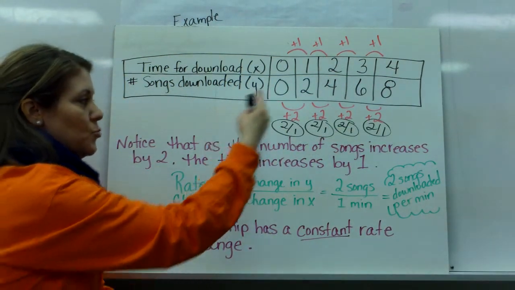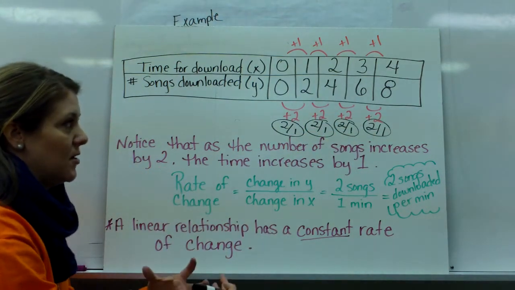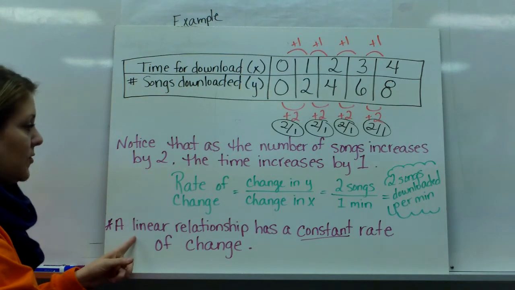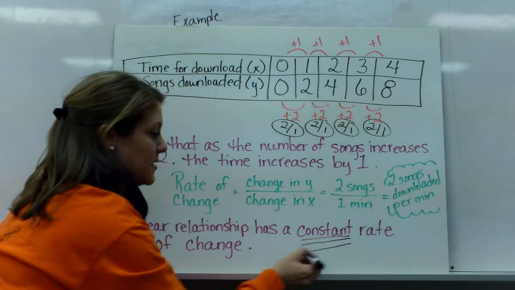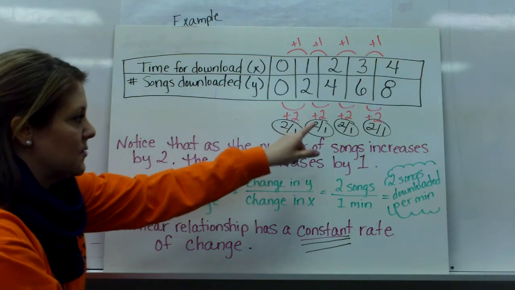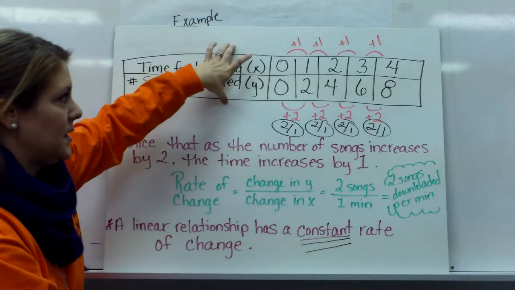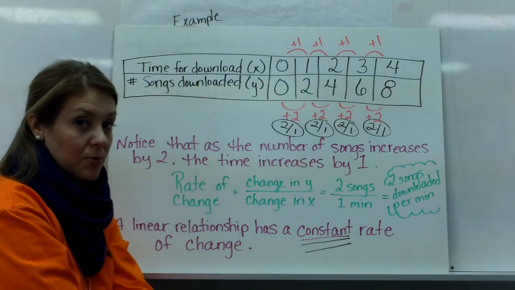When your rate of change is the same throughout the entire set of ordered pairs, then you've got a linear relationship because you have a constant rate of change. When you have that constant rate of change, that means that your relationship in the table is a linear relationship.